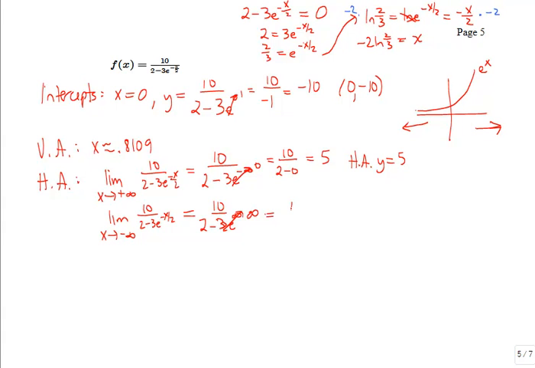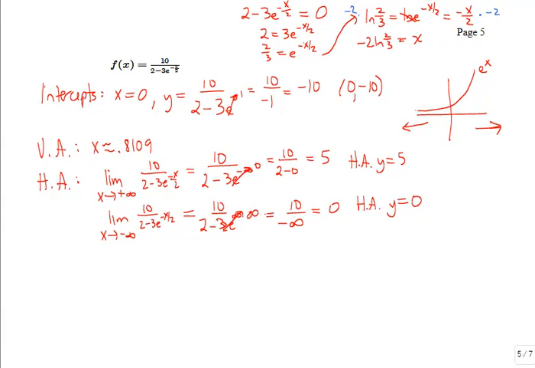So we have 10 on top, and we have something going towards a negative infinity on the bottom. A constant over something getting bigger and bigger and bigger, even if it's in the negative direction, is going to get smaller and smaller and smaller. So we have a second horizontal asymptote at y equals 0. So we have two different horizontal asymptotes depending on which direction we are approaching.